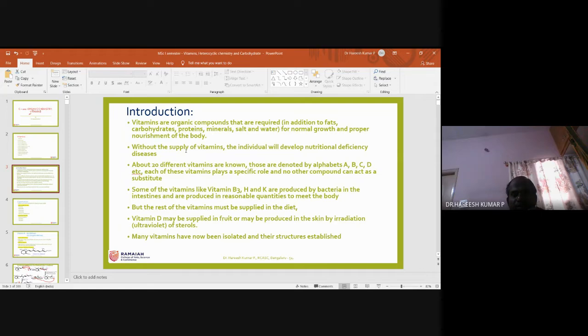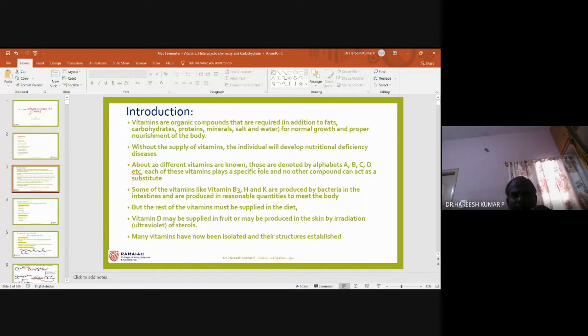If you want to write the definition for vitamins, you can say that vitamins are organic compounds that are required in a small quantity for normal growth and proper nourishment of the body. Without the supply of vitamins, the individual will develop nutritional deficiency diseases.